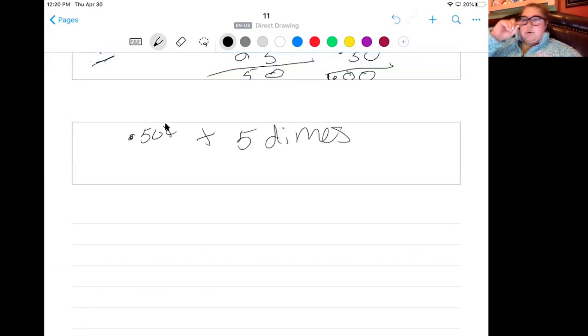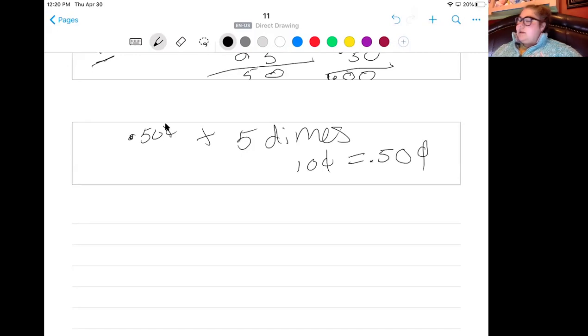What is the value of a dime? When I say value, like we know a penny is worth 1 cent and a quarter is worth 25 cents. What is the value of 1 dime? That's right, it is 10 cents. Do we just have 1 dime though? No, we have 5. So can we skip count by 10 and figure out how much 5 dimes are? So let's do 10, 20, 30, 40, 50. 50 cents.